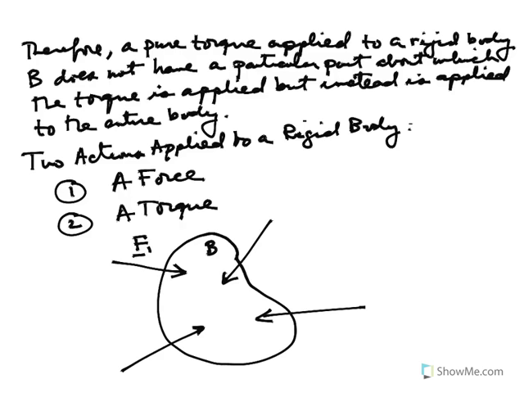So if I've got a force F1, another force F2, another force F3, and so on, all the way down to F sub n, F sub n is applied to a particular point on the body. That's a system of forces. And then we could also have a resultant pure torque that's applied to the body. So from this, we have a force system. So the force system is going to be the set of forces.